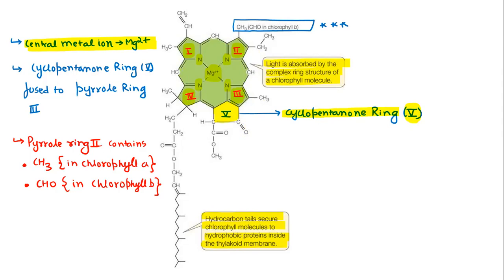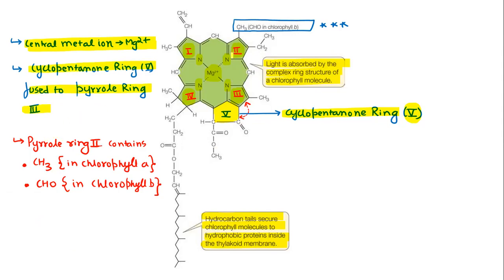So this cyclopentanone ring is called ring number 5. A question definitely asked in the examination is to which pyrrole ring the cyclopentanone ring, or ring number 5, is fused. The question is simply answered based upon this figure. So it becomes clear that the cyclopentanone ring 5 is fused to pyrrole ring number 3.